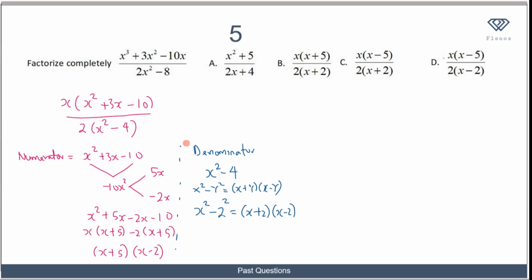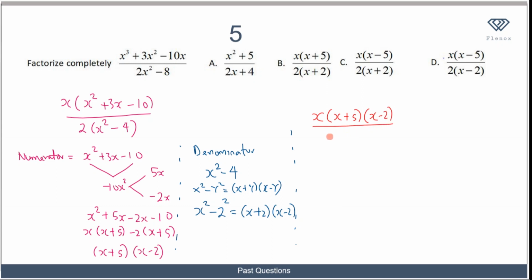So now we have factorized this part in the numerator and this part in the denominator, so we can get back to business. Now we can replace those quantities by what we have found them to be. This term here, x squared plus 3x minus 10, can be written as x plus 5 multiplied by x minus 2.